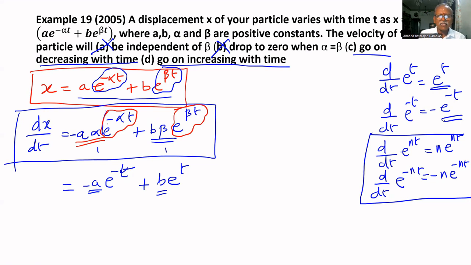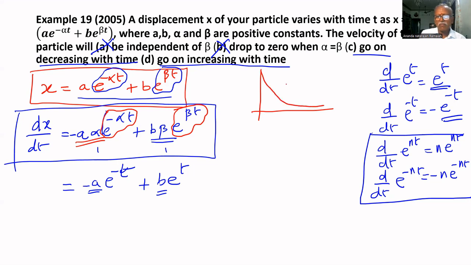To get the concept, assume the constants are 1. Then the equation will be minus e power minus t plus e power t.